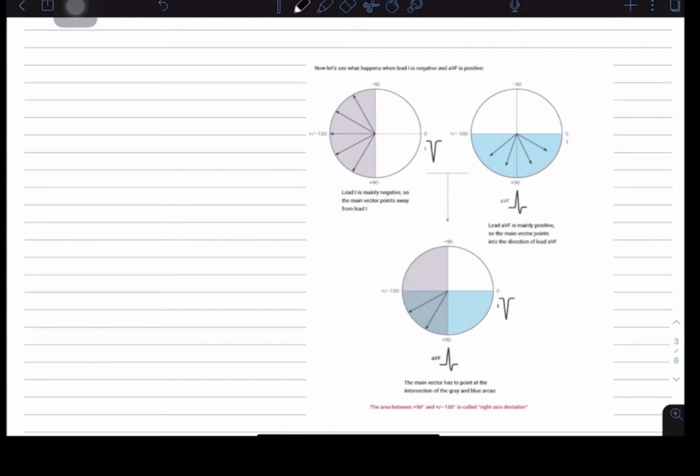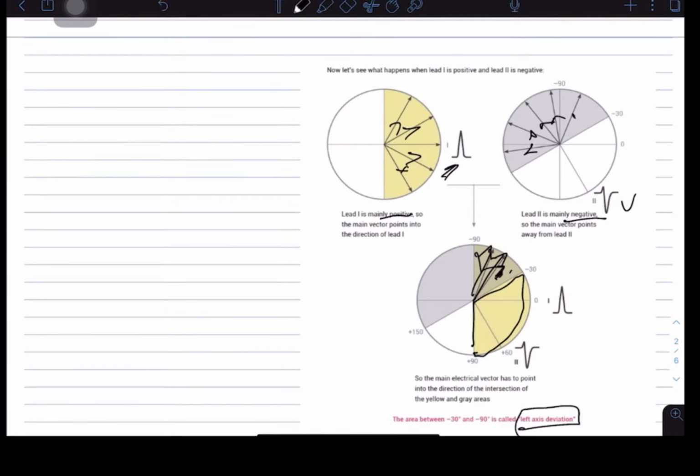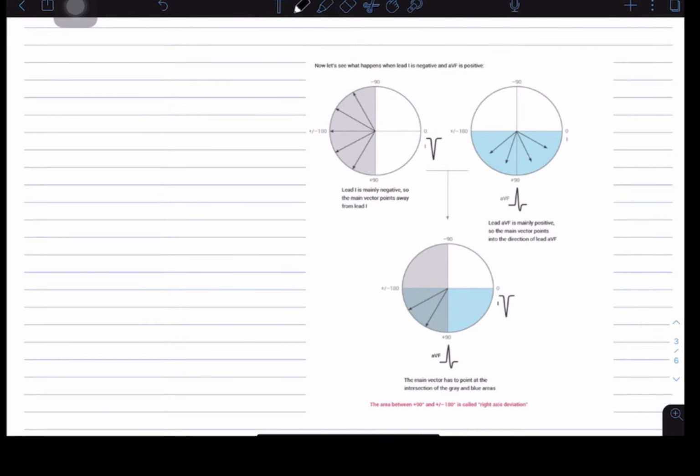From the starting, we check first of all the lead 1, and if the lead 1 is positive, then we check lead 2, and if the lead 1 is negative, we directly go to check the lead AVF. So this is the lead 1 and it is negative.